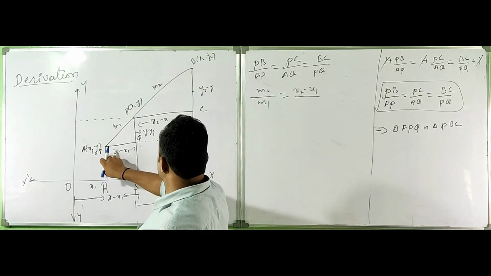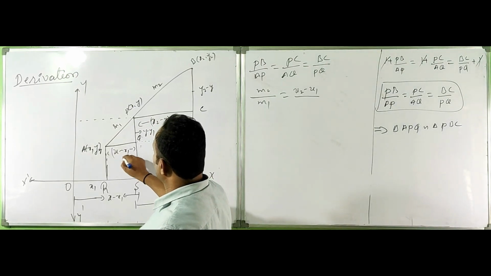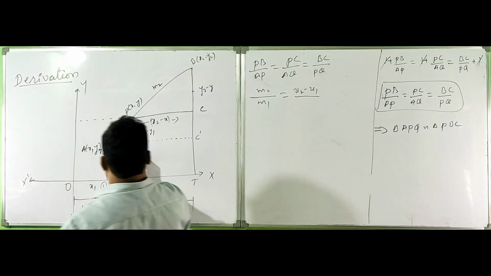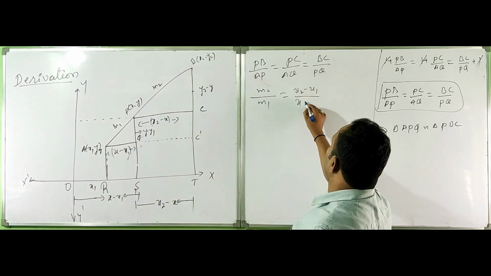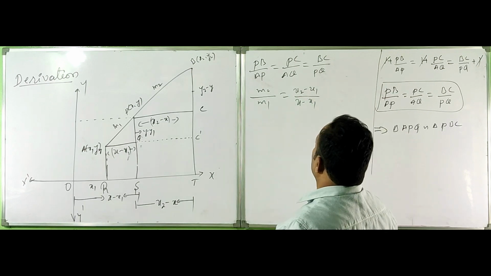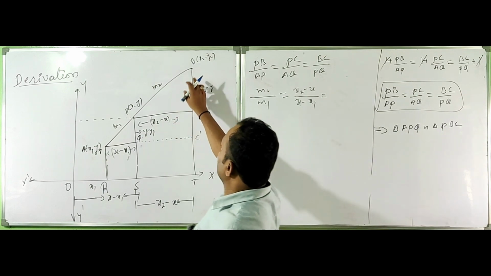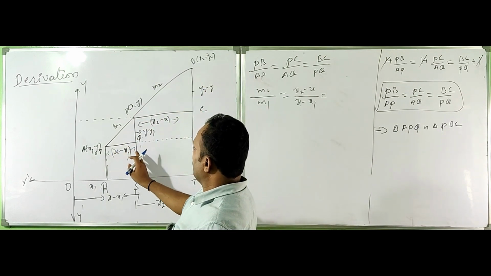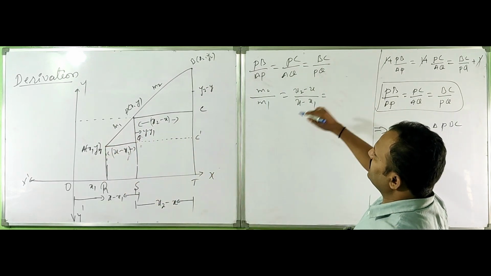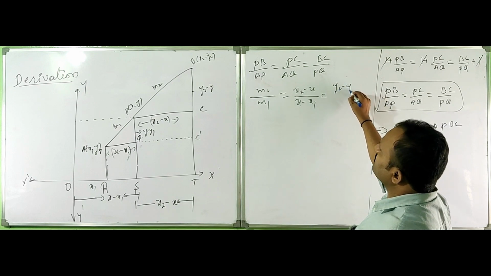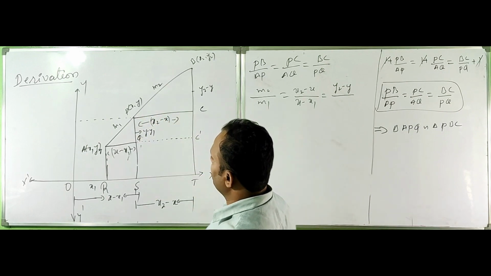This is not something else, very important: X2 minus X divided by X minus X1. And what is BC here? BC is Y2 minus Y, divided by what is PQ? PQ is Y minus Y1.